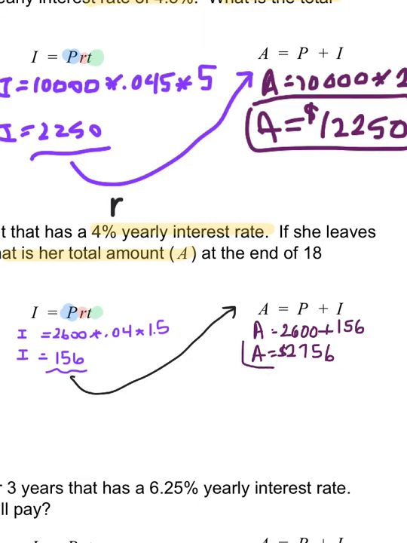That's the total account balance in Valentina's bank. So she started off with $2,600, but because she had her money in the bank for that year and a half, she ended up earning that extra $156. So now that's how much she has there, the $2,756.